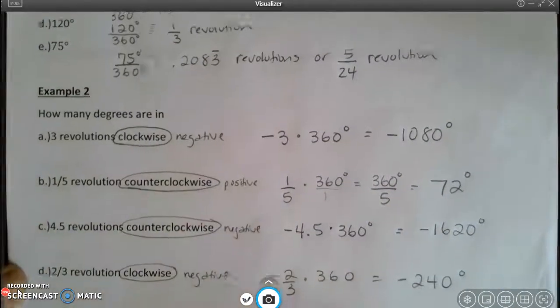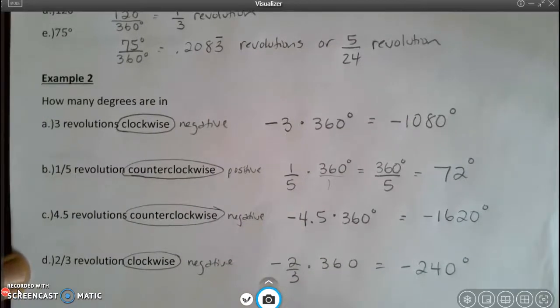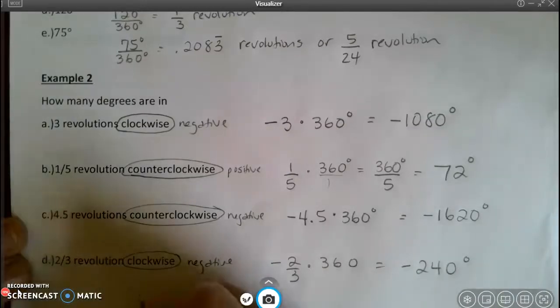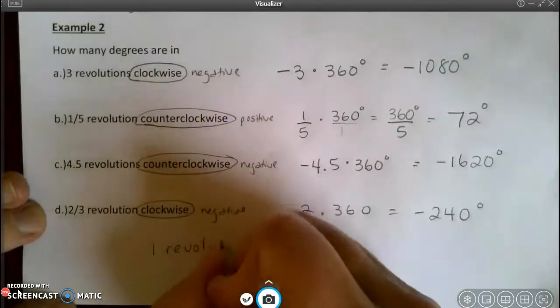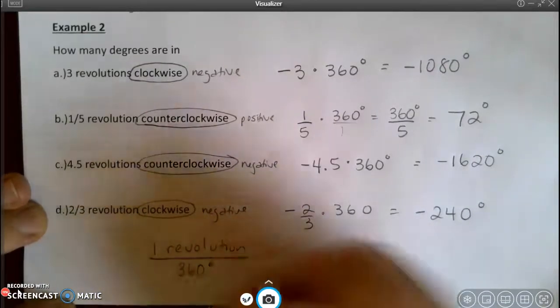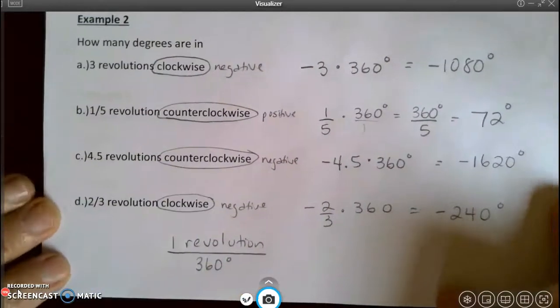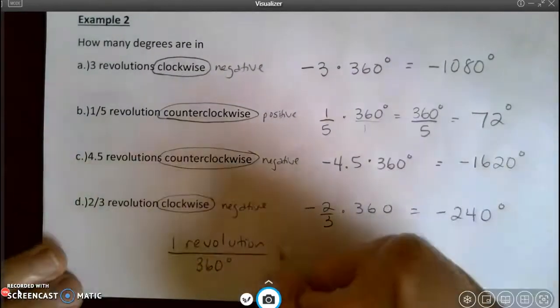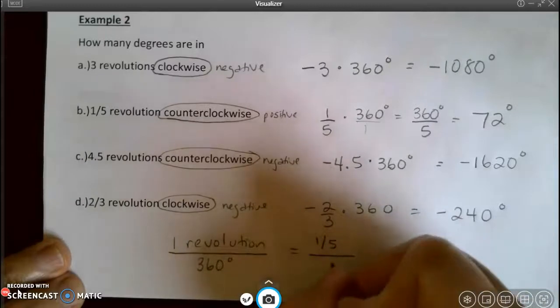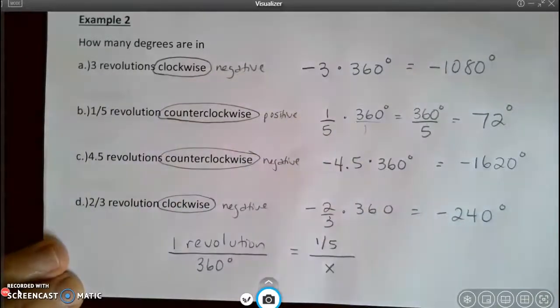Now, again, if you're struggling with, I'm not going to remember when to multiply by 360 or when to divide by 360, again, you can use a proportion. We always know that 1 revolution is 360 degrees. Therefore, let's do letter B. 1/5 of a revolution is how many degrees?